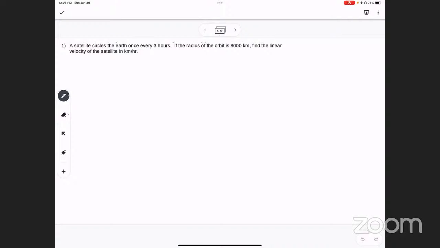Do you wanna look in your notes and tell me what that is? Yeah, I have it in my notes. Do you remember what variable they use? Omega equals theta over t.